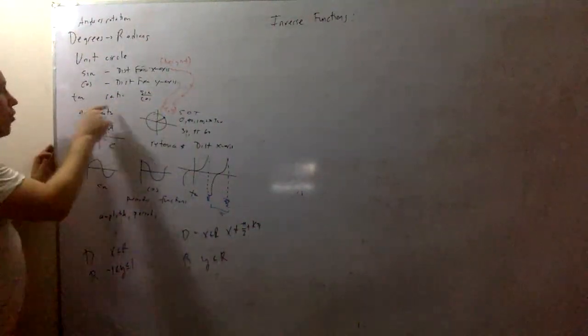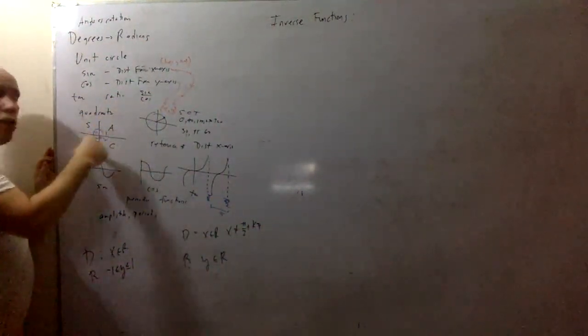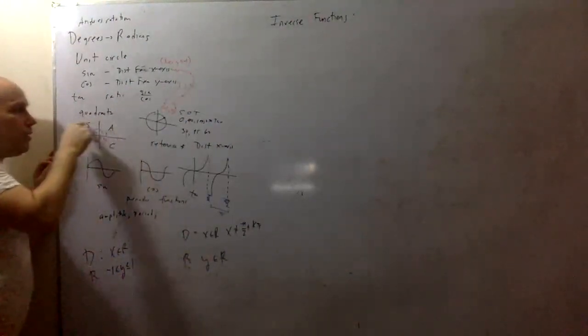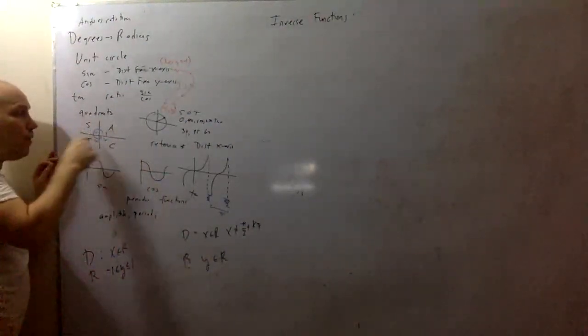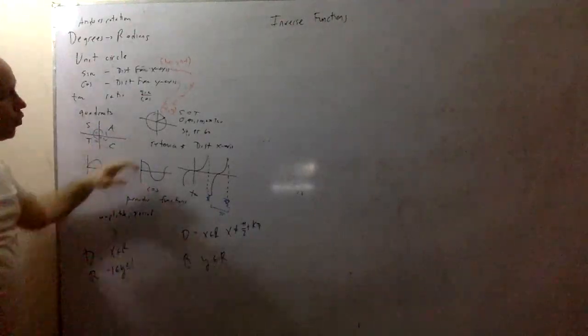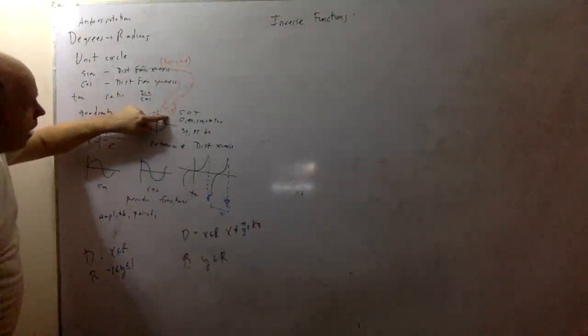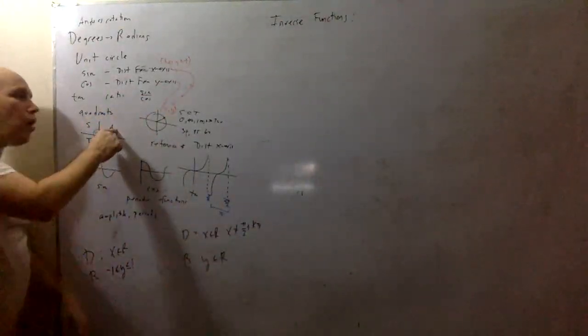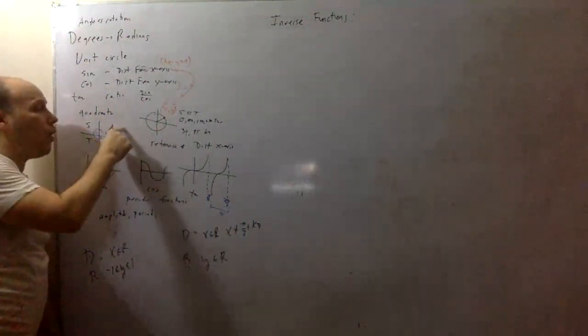The next thing we did was break up the coordinate plane into 4 quadrants. We went counterclockwise: first quadrant, second quadrant, third quadrant, fourth quadrant. In the first quadrant, sine and cosine are both positive.